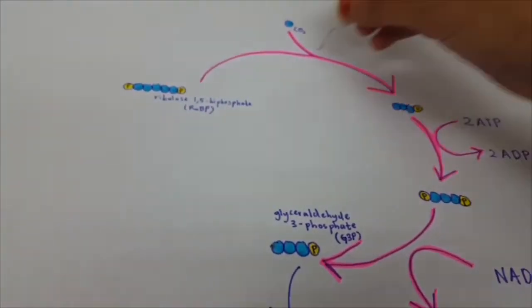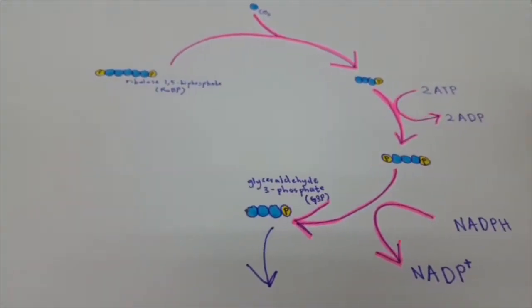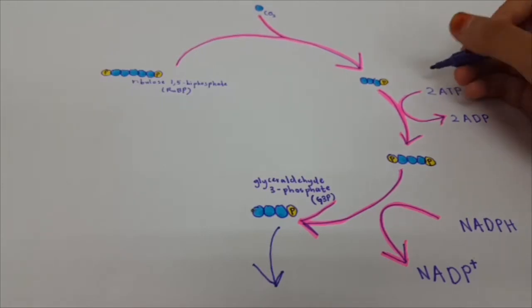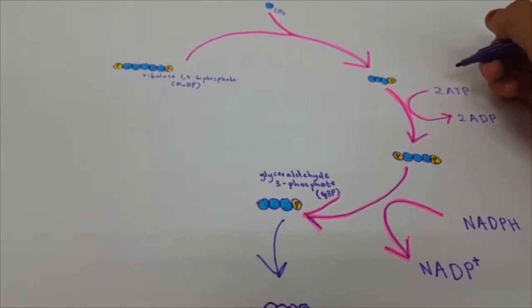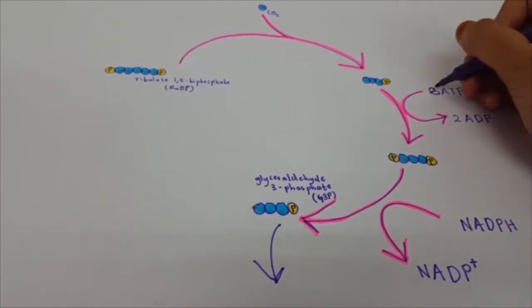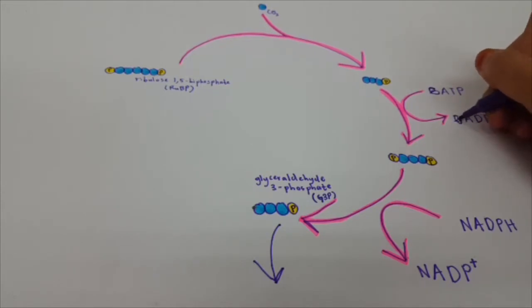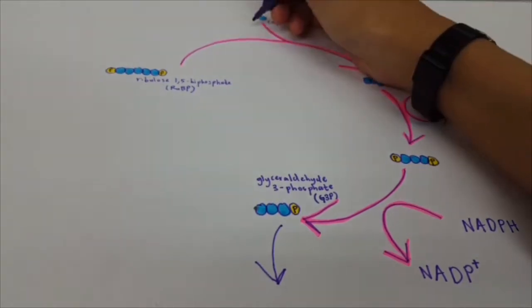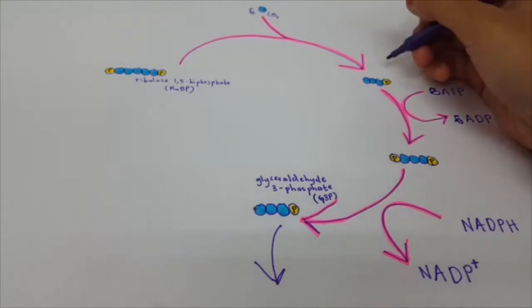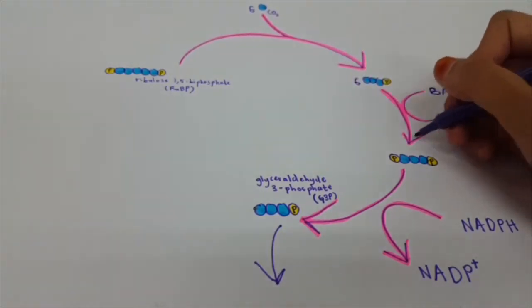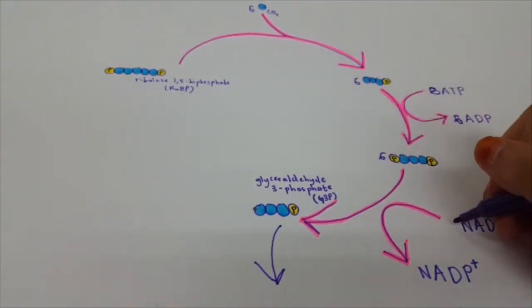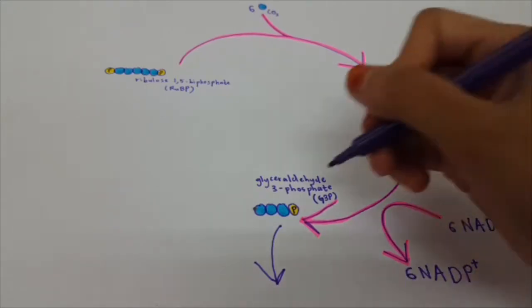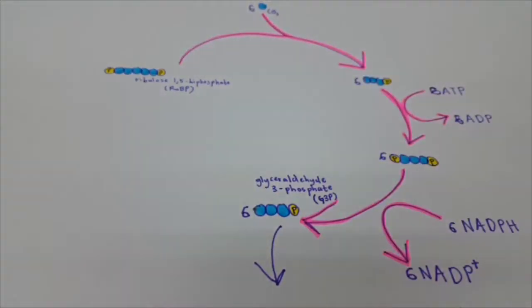So 3 molecules of RuBP will be required, 3 molecules of carbon dioxide, 6 molecules of ATP will be used, and 6 molecules of ADP will be produced, 6 molecules of NADPH will be used, and 6 molecules of NADP plus will be produced.